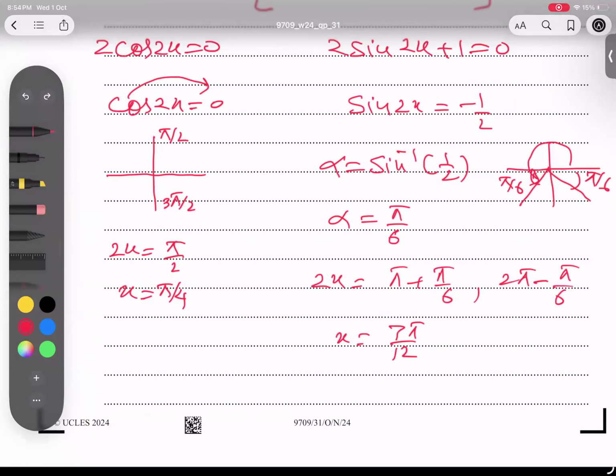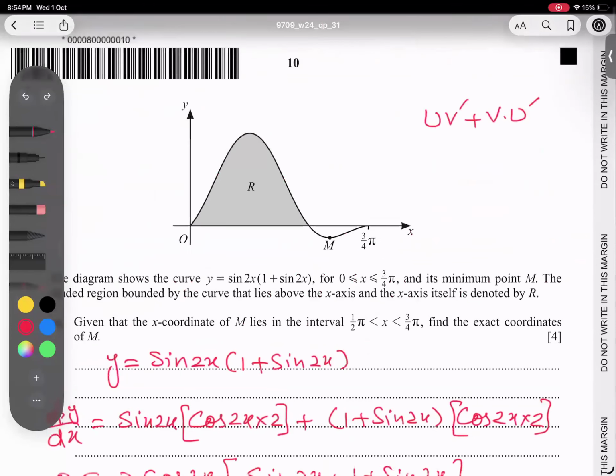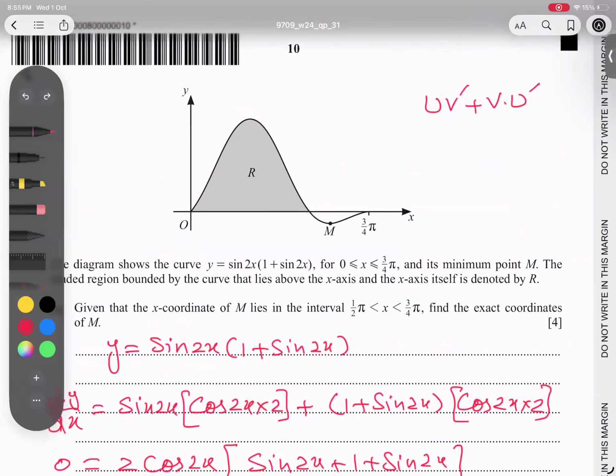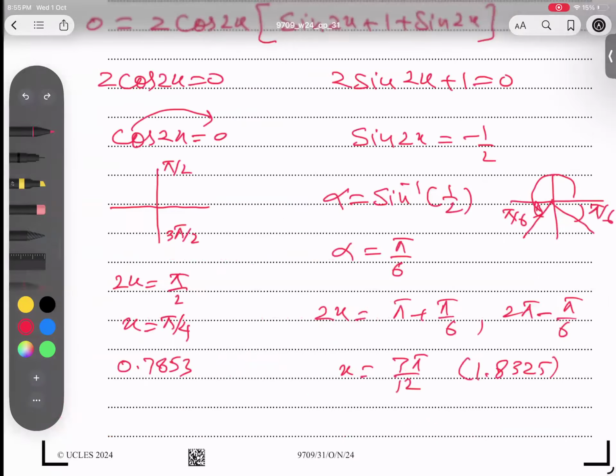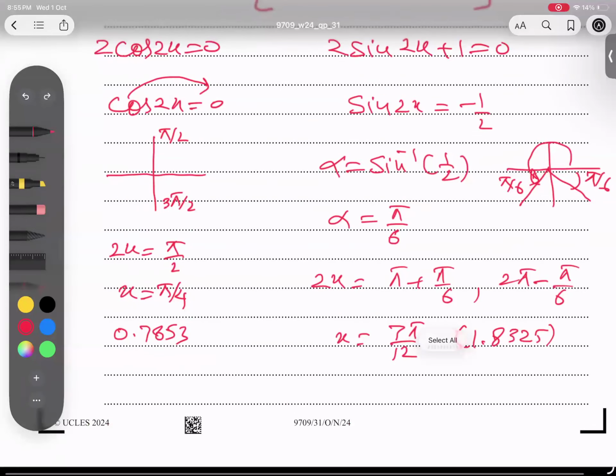If I check in the calculator, pi by 4 gives 0.7853. And when I type 7 times pi divided by 12 in the calculator, students don't understand which is the right answer. So this is the smallest, and the second answer is this one. So why do I have to skip this answer? I will not take it, I will ignore it.